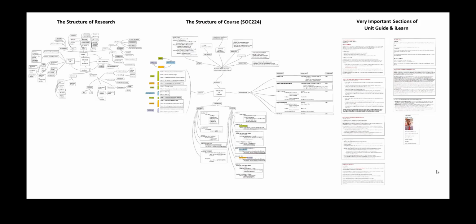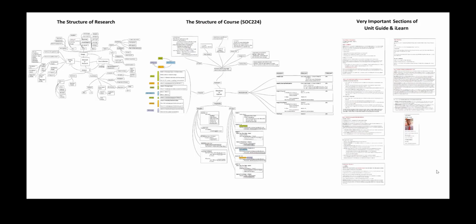Okay, before I get into the admin, however, I want to deal with just a couple of things. The first one is, why do research methods? I think we have to be honest here.